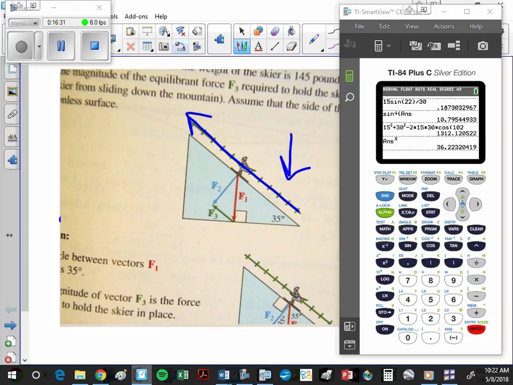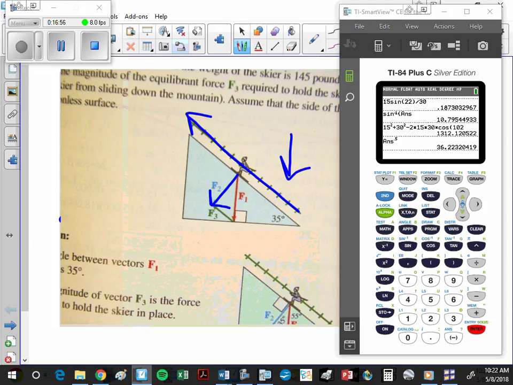So his weight is not only going down, but he is being forced against the mountain at a certain weight. Okay. So how hard does the rope need to pull in order to keep him from sliding down the hill? It's not going to take him up the hill.